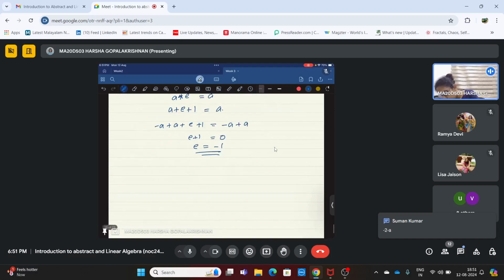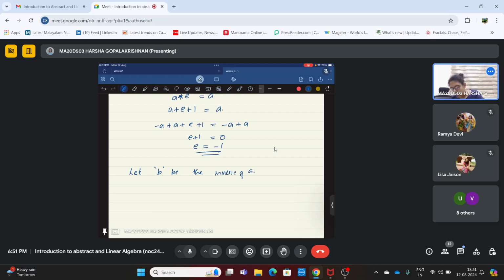Okay, let's see. Let B be the inverse of A. So A star B should be equal to the identity, minus 1. We found the identity as minus 1, so A star B is minus 1. So A plus B plus 1 equals minus 1.